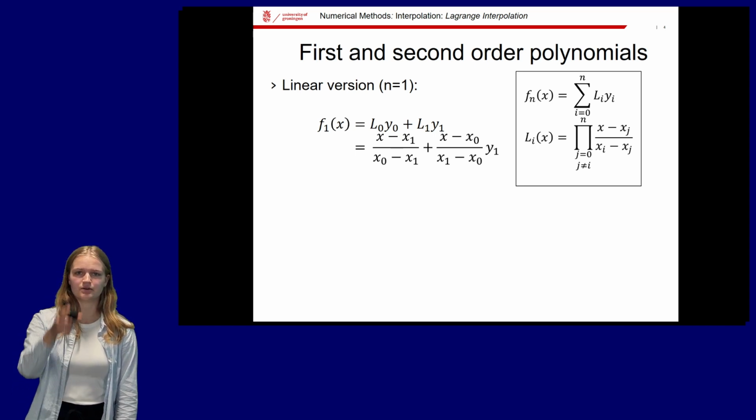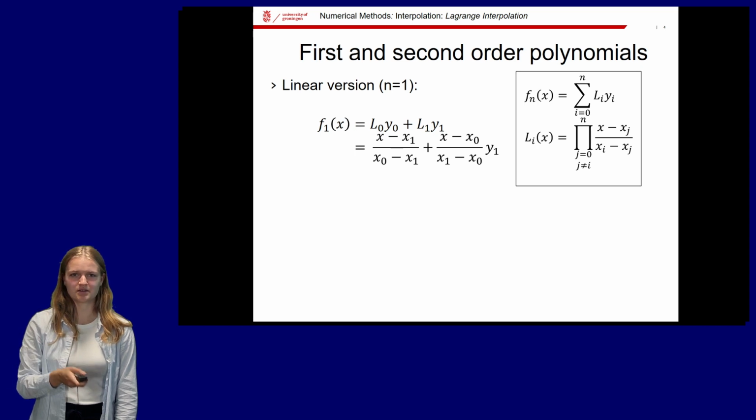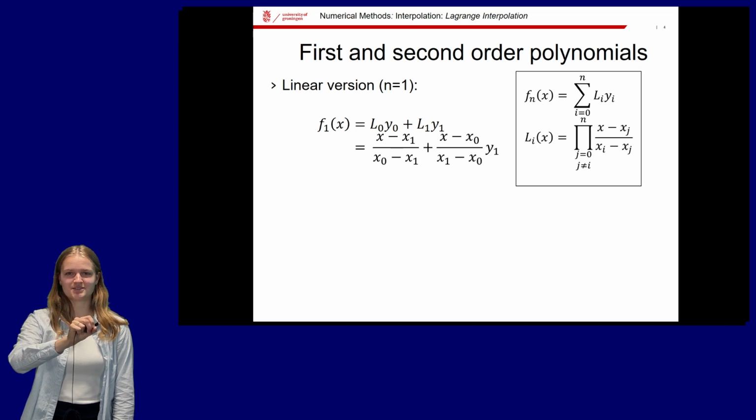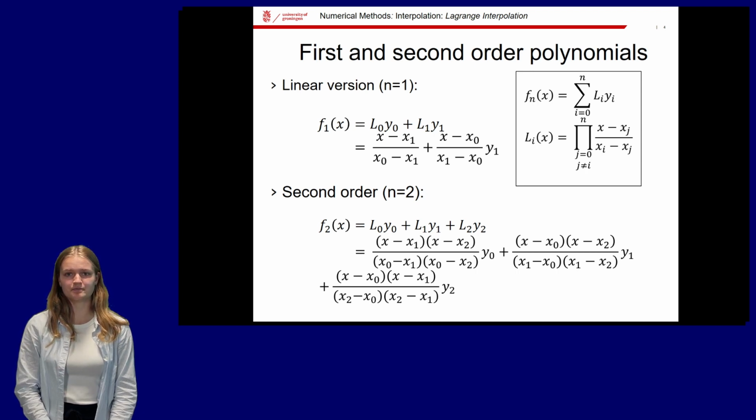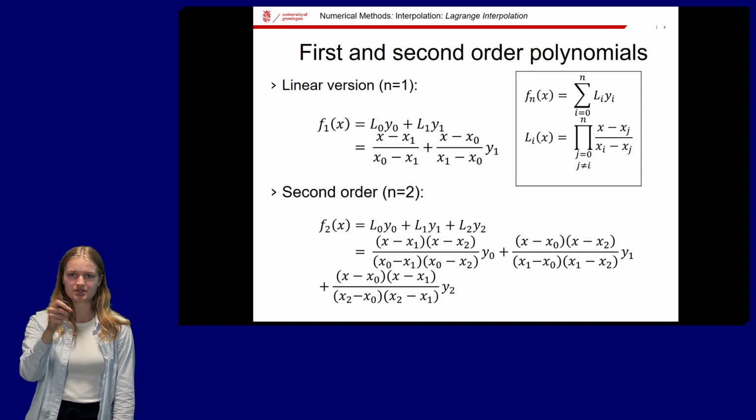I think there's a y0 missing, but you have to multiply the first L term with y0 still. So the second order, n is 2, will be given by this expression. Now you have 3 terms that you will sum, and if you plug in the values, you obtain these L functions here and this general expression.